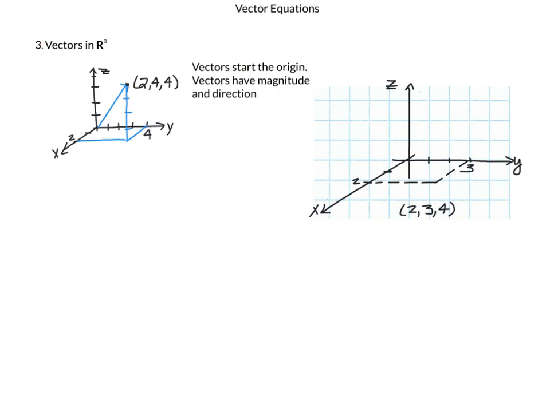Anyway, going back to representing vectors in R3, we generally draw an x, y, and z axis this way, so x goes out, y goes to the right, and z goes up. And so if we wanted the point 2, 4, 4, we go along the x-axis 2 units.